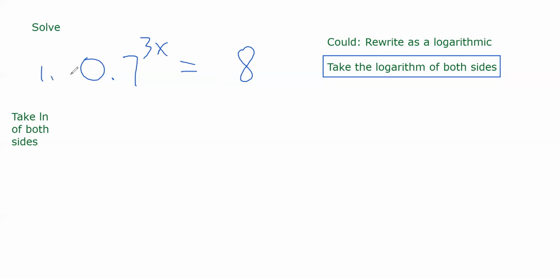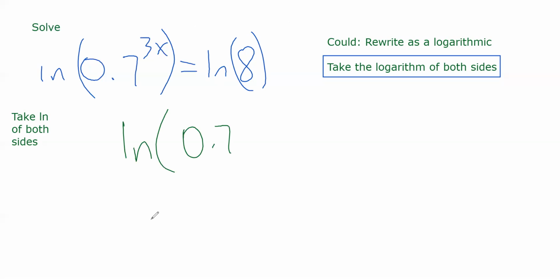So I'm going to take the ln of this side. I'm going to take the ln of this side. And so I'm going to end up with this. Just kind of going to rewrite it here.